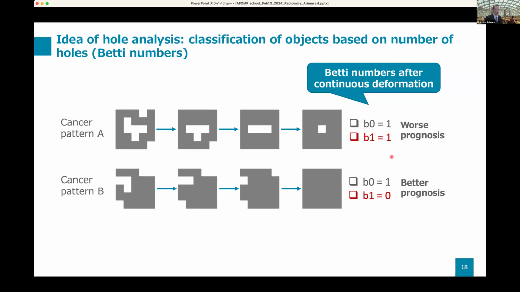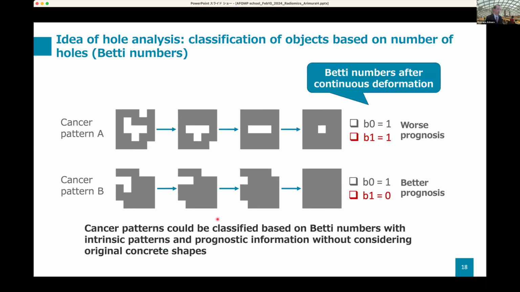But this is just an assumption at this moment. So if we have holes, the patient maybe has a worse prognosis, and if there is no hole, the patient maybe has a better prognosis. So anyway, cancer patterns could be classified based on Betti numbers.